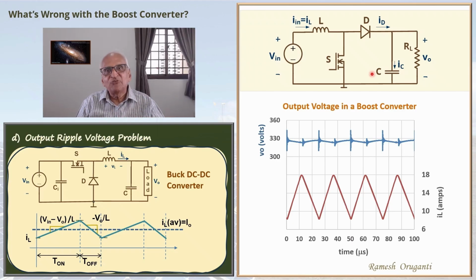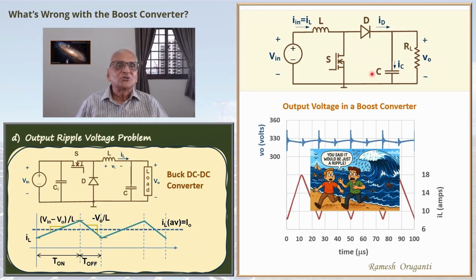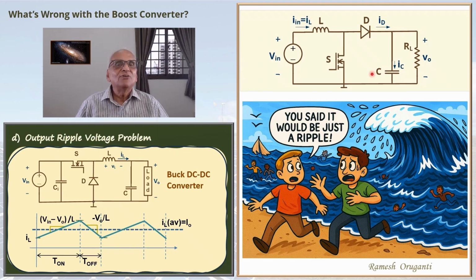You may use a high frequency capacitor such as a multilayer ceramic capacitor for filtering the high frequency part of the ripple current. So particular attention has to be paid to the choice of the capacitor. One may also think of replacing the simple capacitor with a third order filter, a CLC filter, so that the filtering can be done more effectively. So our expectations are for just a little ripple, we may be having big waves coming at us.